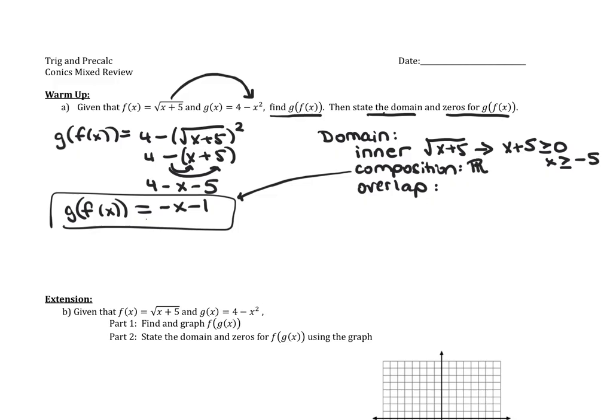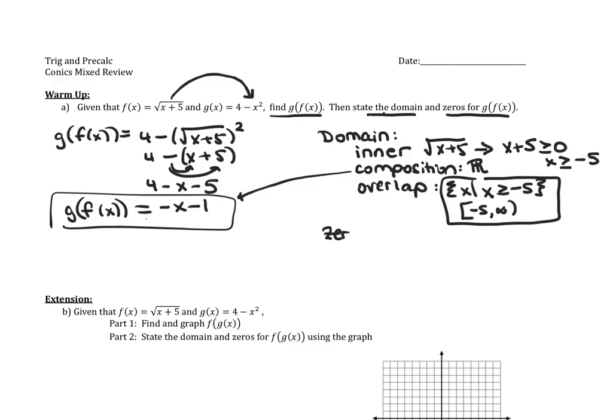So the overlap of x is greater than or equal to negative 5 and all real numbers will be x is greater than or equal to negative 5. Here is your set notation answer. If you'd prefer interval notation, it would be negative 5 to infinity. So there's our answer for domain.